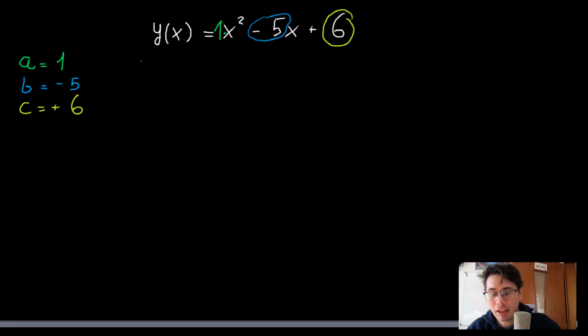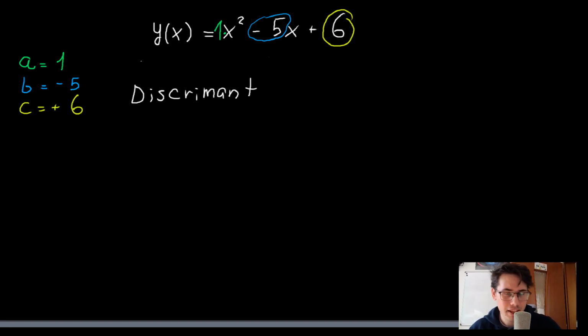Okay, so I'll just write down. Firstly, we need to find what's so-called the discriminant. Okay, so I'll write that down. We're going to calculate the discriminant.